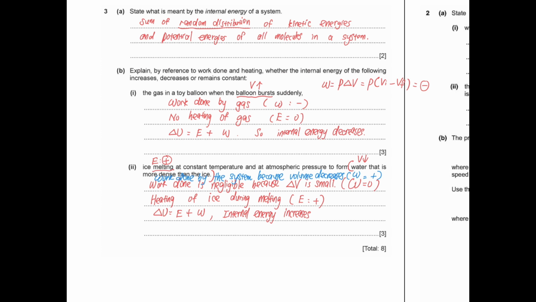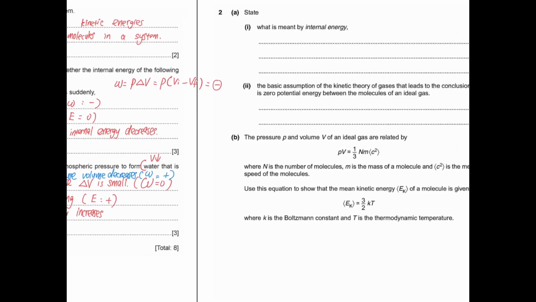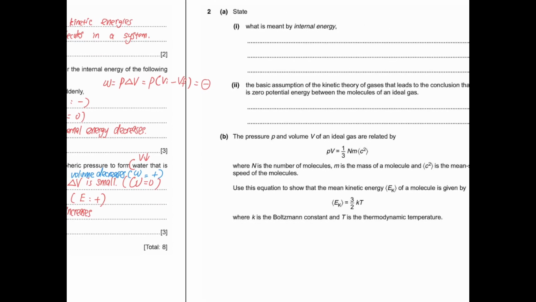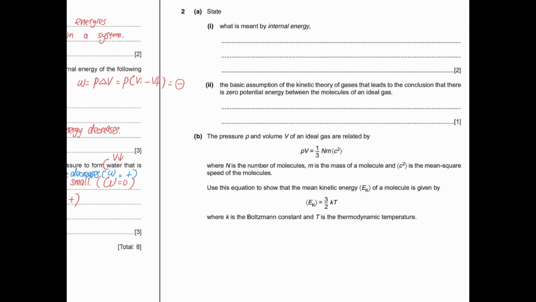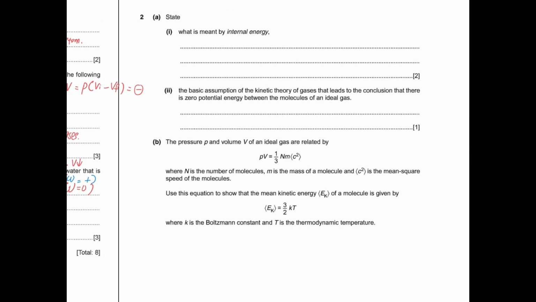Okay, now let's see a bit more. This side. What is meant by internal energy? So you can just refer to the question just now for the definitions. I look at part 2 straight away. The basic assumption of the kinetic theory of gases that leads to the conclusion that there is zero potential energy between the molecules of an ideal gas.